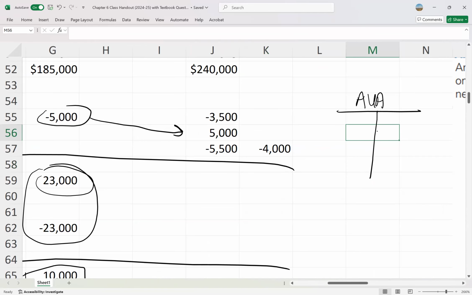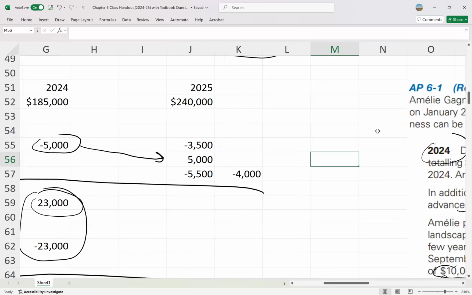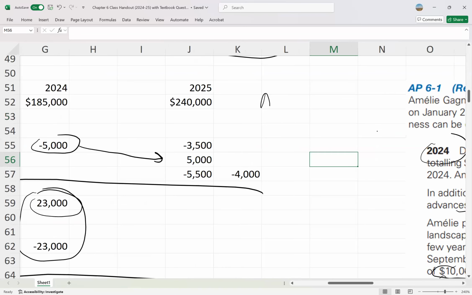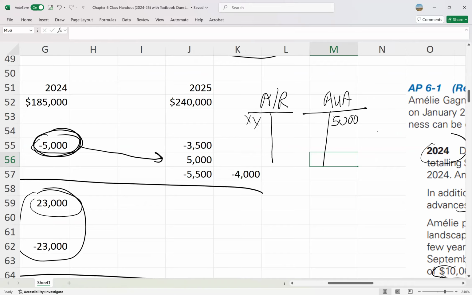So remember, actually, this way. If you remember from your accounting classes, we have our accounts receivable, which has a debit balance. And then we have the contra or companion account called AUA, which would have the opposite, which would be a credit balance. So at the end of last year, we set up this bad debts of 5,000. So we would have had the 5,000 here at the end of 2024.